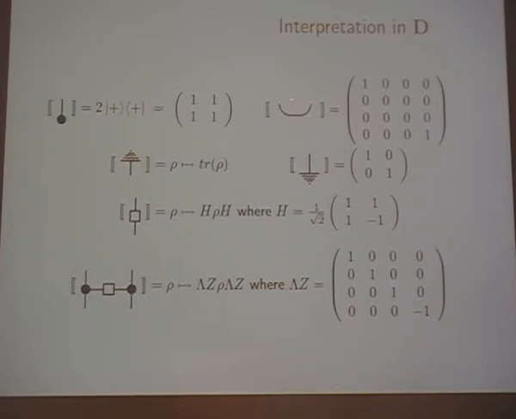The usual interpretation for this is the EPR state, so here it's just the density matrix corresponding to this state. As I said before, we interpret this as the trace out of the qubit. Here, this is the maximally mixed state. This box is just Hadamard.